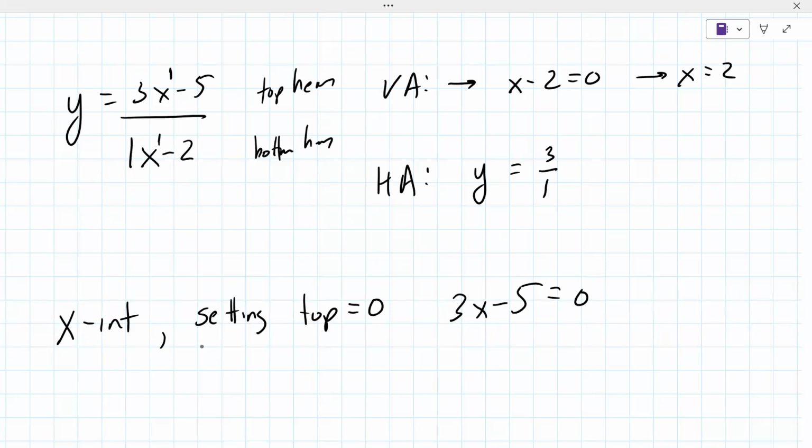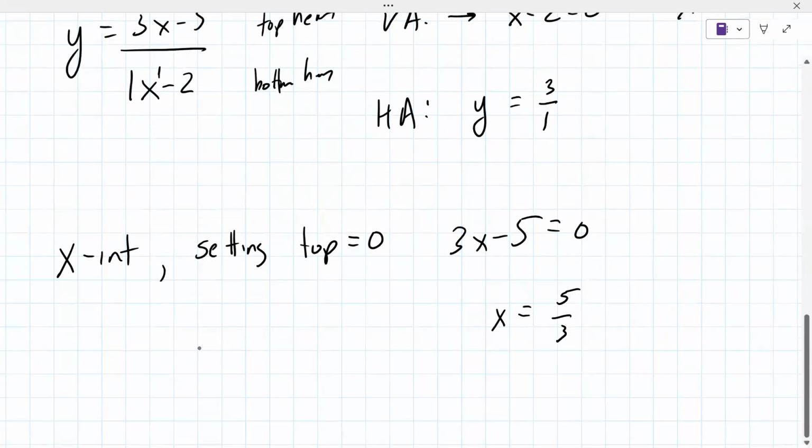It would be 3x equals 5. Okay, keep going. You've got to get x by itself. 1.6. As a fraction. Leave it as a fraction. 5 over 3. Okay.